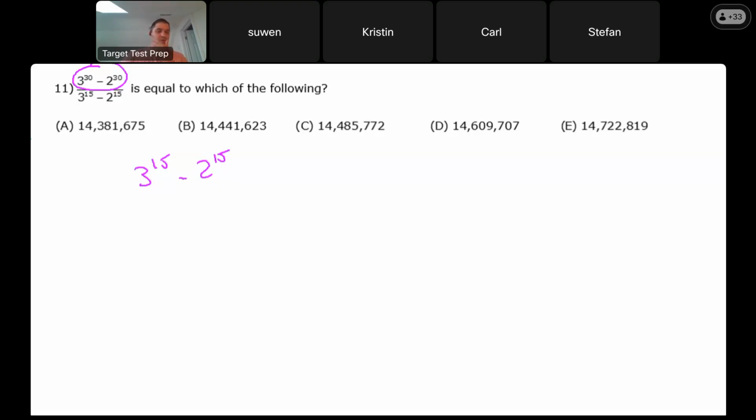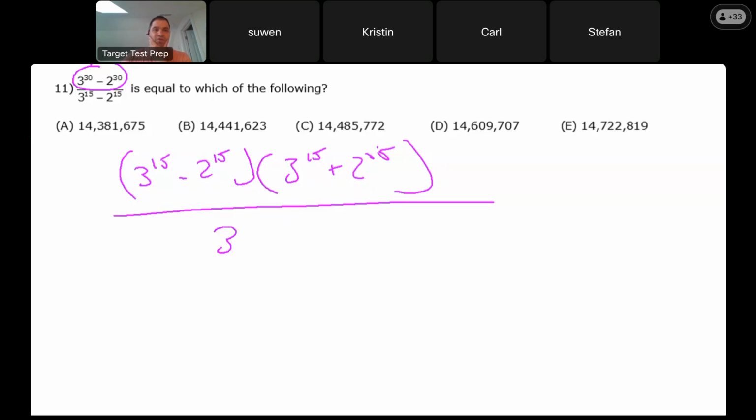Then you can do 3 to the 15 plus 2 to the 15 all over 3 to the 15 minus 2 to the 15. And then, right, this cancels with this. You're left with 3 to the 15 plus 2 to the 15.